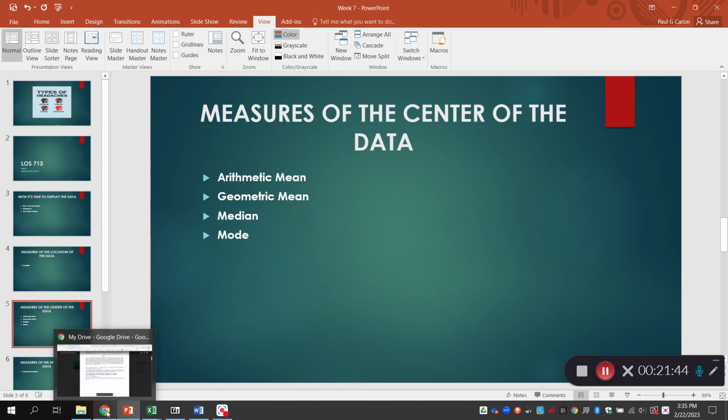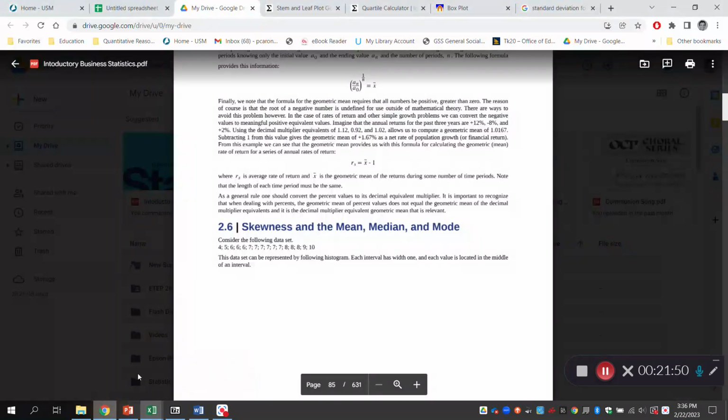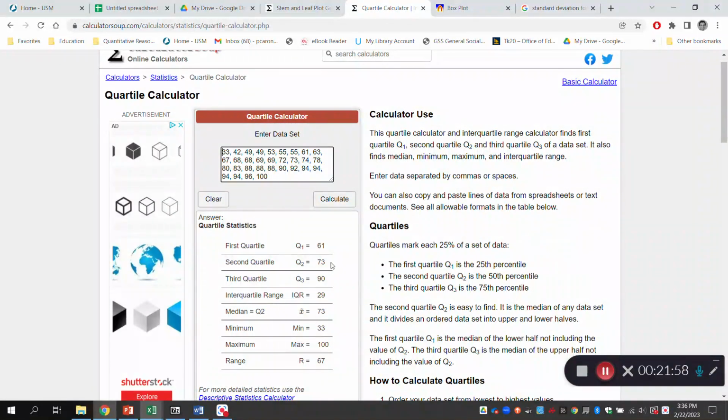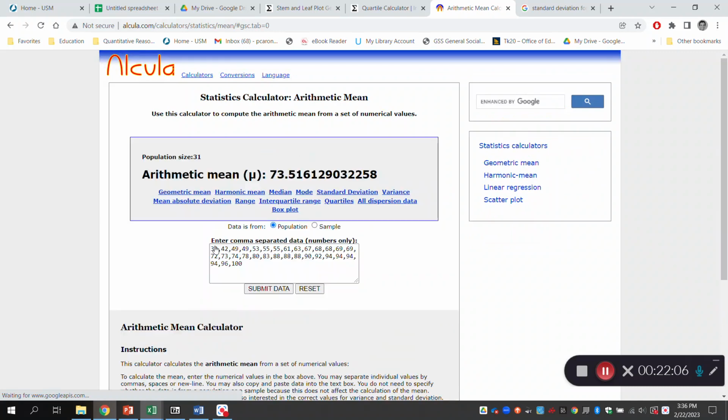Okay, so we go back to finding the median. The median is the number in the middle. So if you remember from this quartile here, the median was given. So we know that 73 is the number in the middle. And even in the box plot, when we did this, if we wanted to find the mean of that, all we have to do is press that, and it gives it to you right there.